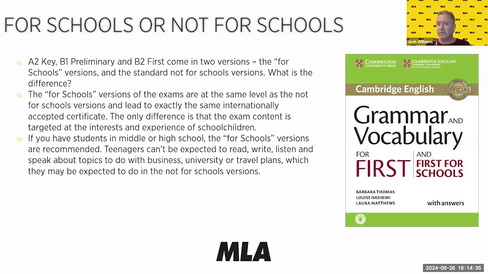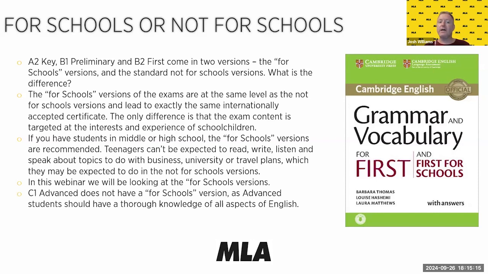At least one of the participants in the conversation will be a child, usually a teenager, not a young child, but they'll be talking about free time activities, school, sports, things that interest the students that they would be familiar with. Whereas the not for schools versions might have a bit more information about work or plans or travel arrangements that students might not really be so familiar with, how it works in their own language.